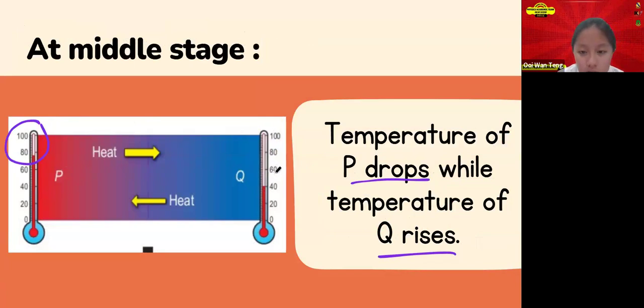And for object Q, the temperature has risen from 30 degrees Celsius to 40 degrees Celsius. So you observe the arrows here. For the heat transfer from P to Q, the arrow has decreased in size, and for the heat transfer from Q to P, the arrow has increased in size.